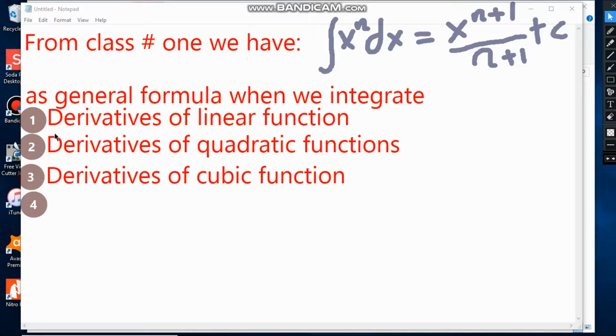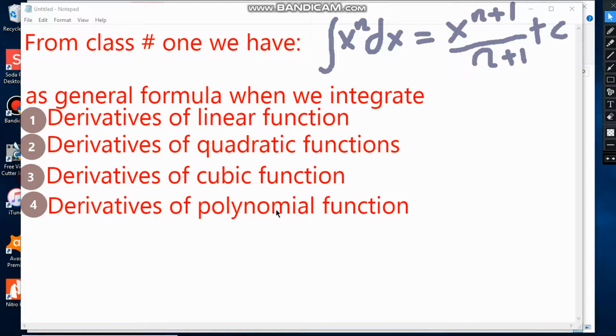First, the derivative must be of a linear function, or of a quadratic function, or of a cubic function, or of a polynomial function, and the rest of the functions that are of the form that we described.